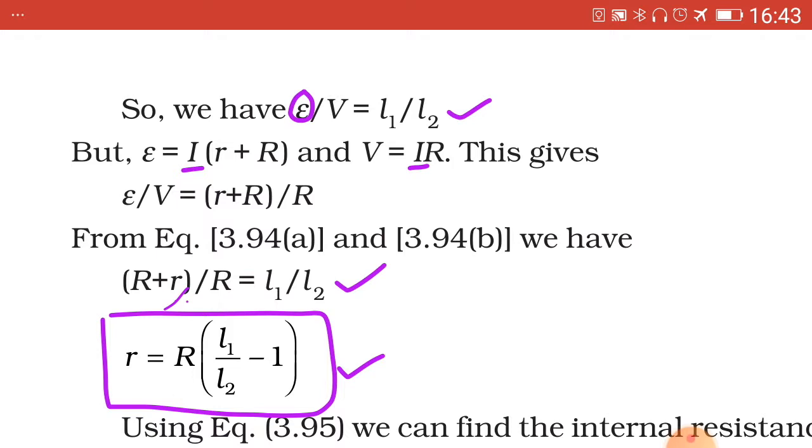Again I repeat, small r equals capital R into bracket, which is important, L1 upon L2 minus 1. This has been tick marked. That is the final equation to determine the internal resistance of the cell.